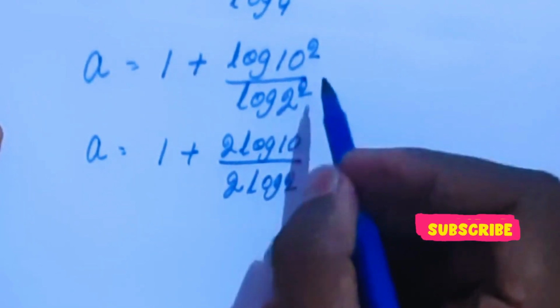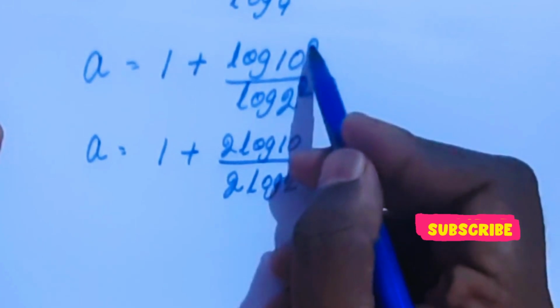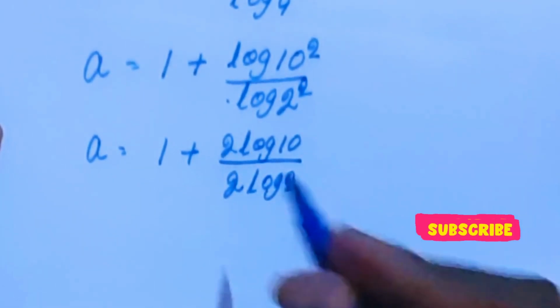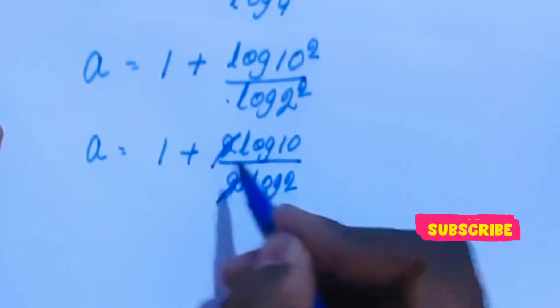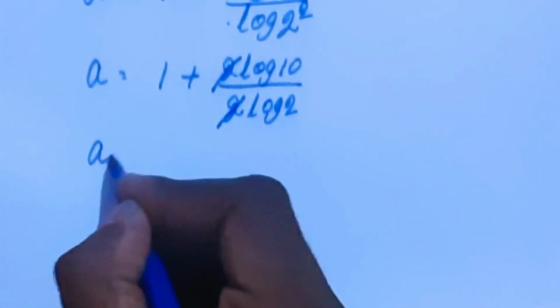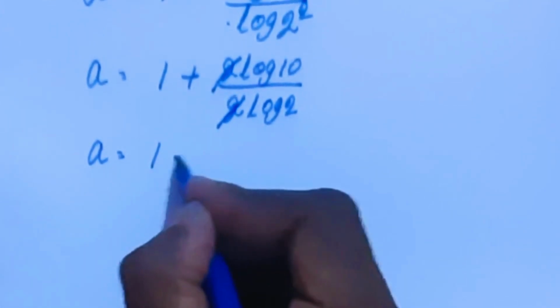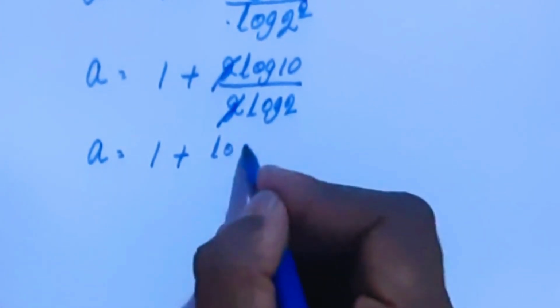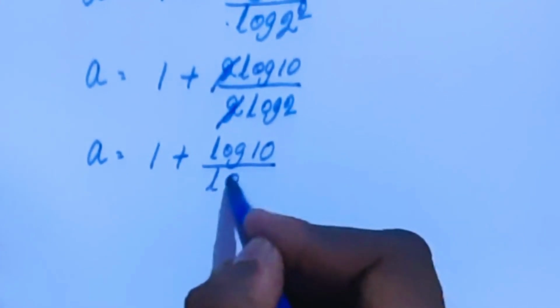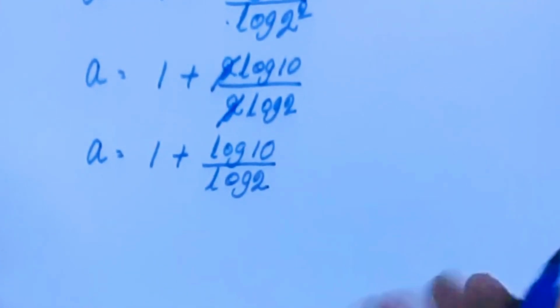Here we have implemented log power formula. So this power comes here. Same way here. So this 2 cancels this. So we have a equal to 1 plus log 10 by log 2.